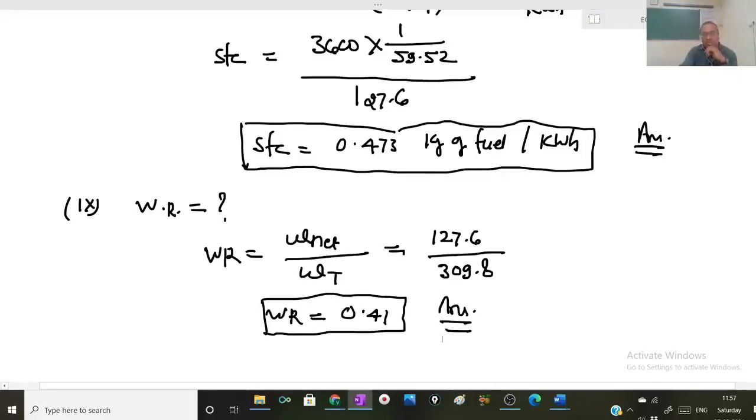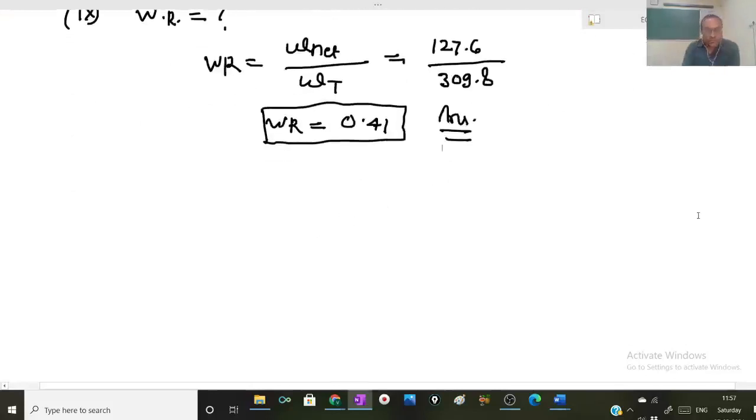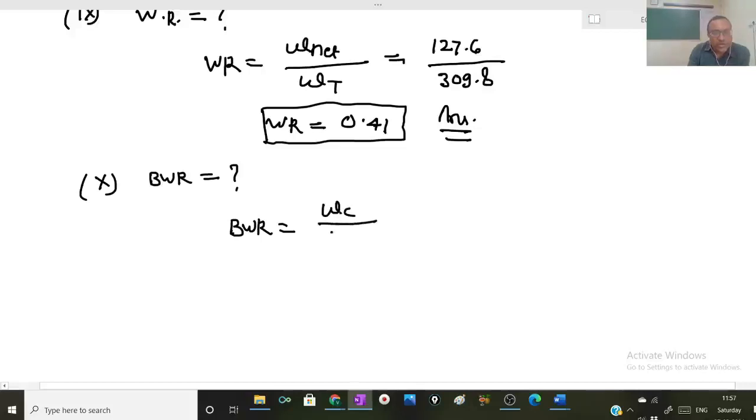And finally, the last parameter to be calculated is back work ratio. Back work ratio is the ratio of compressor work to the turbine work. Compressor work is 182.24. Turbine work is 309.8.